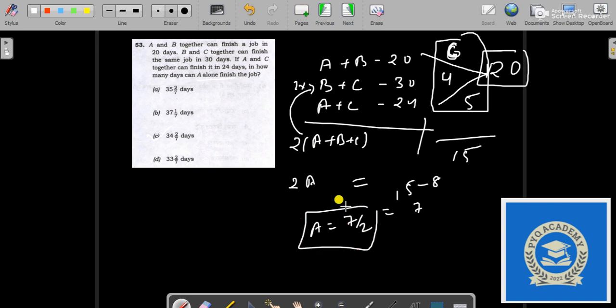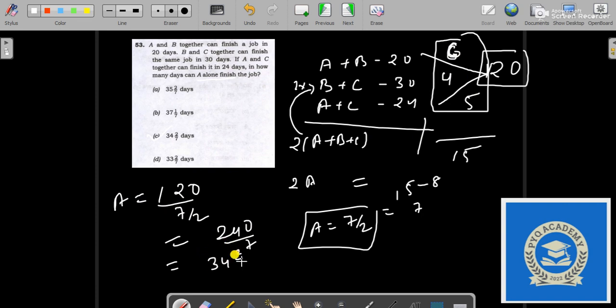So A can work 7 by 2 per day, then the time taken by A to complete 120 will be 120 divided by 7 by 2, so it will be 240 by 7, which is 34 and 2 by 7. So the answer is option C.